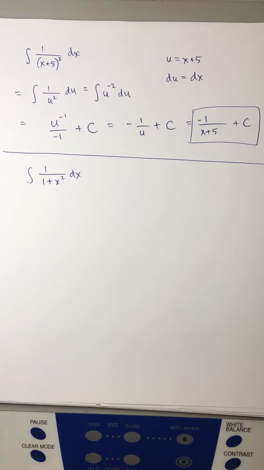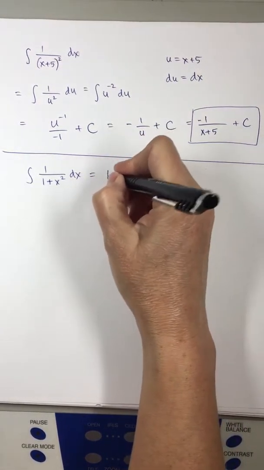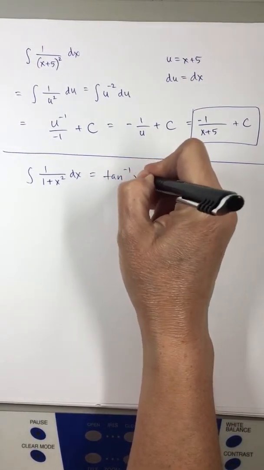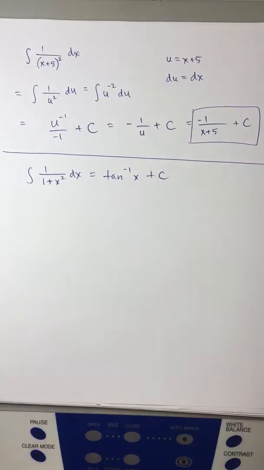Raise your hand if you know what the antiderivative is. Yes, all right. That is inverse tangent of x. Inverse tangent of x plus c, that is it. So that's a formula that you're going to want to know. That's from last semester.